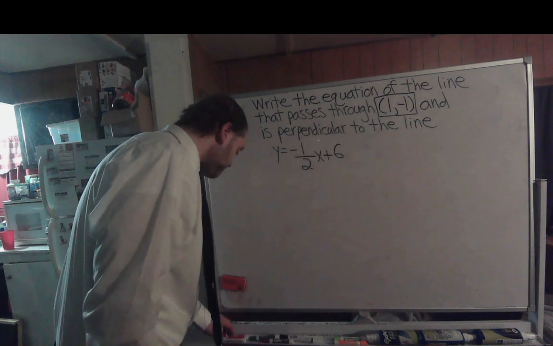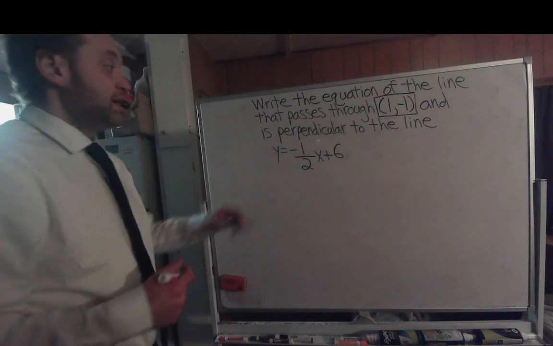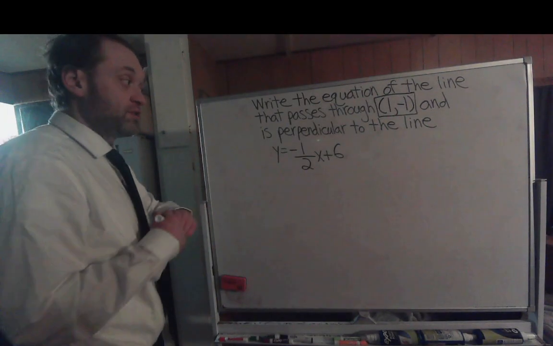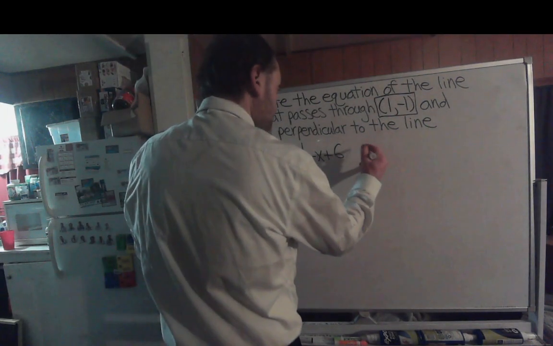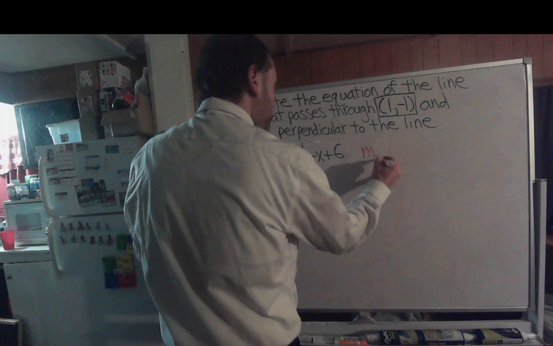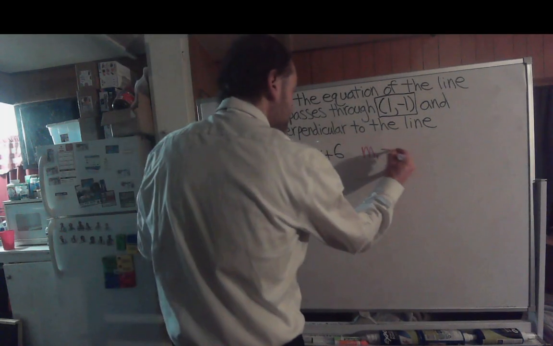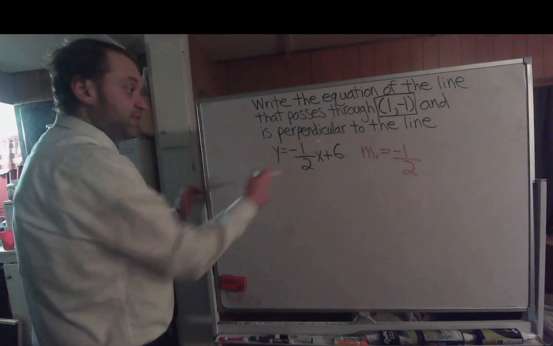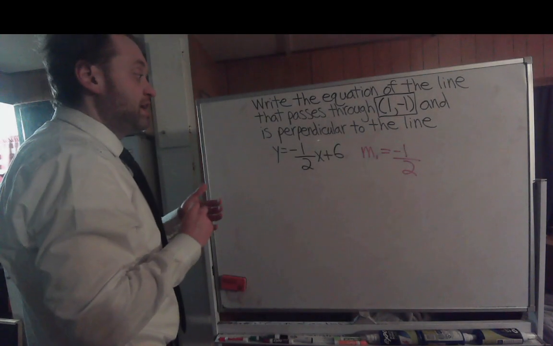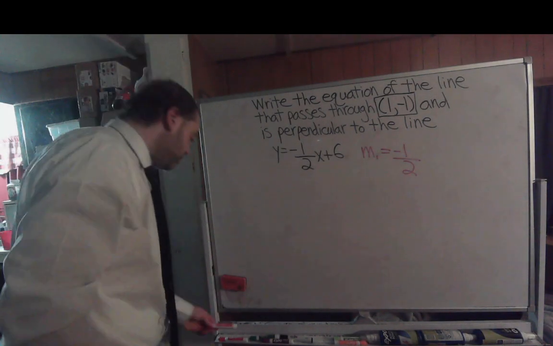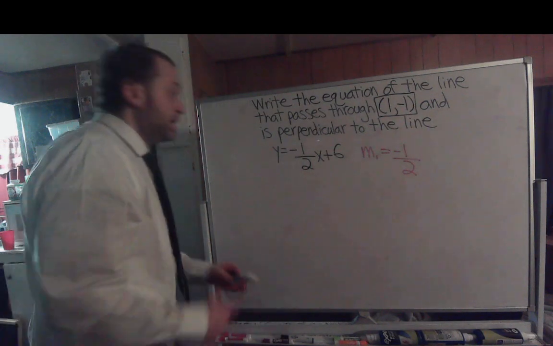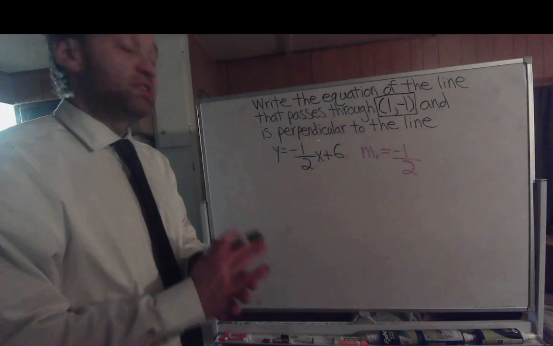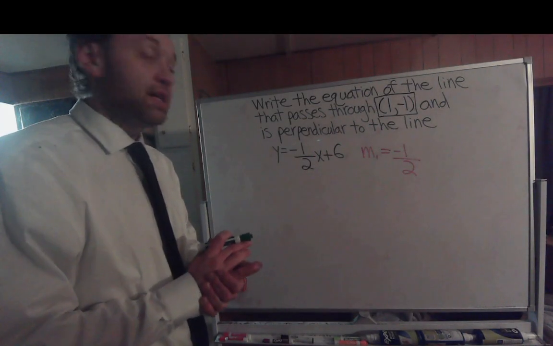Well, okay, why is that? The slope of this line here that it's supposed to be perpendicular to is what? We'll call this m1. Your first slope is -1/2, right? The slope of this line is -1/2. If the line we're supposed to find the equation to is going to be perpendicular to this line, what is true about the slope of perpendicular lines?